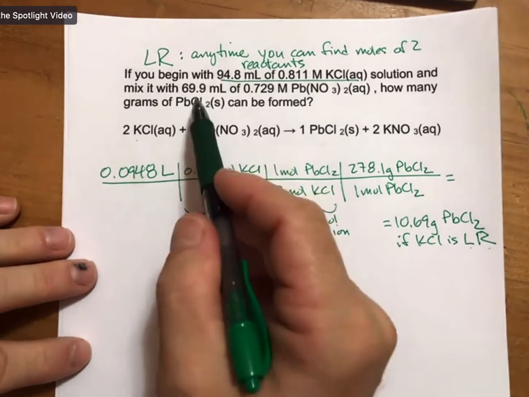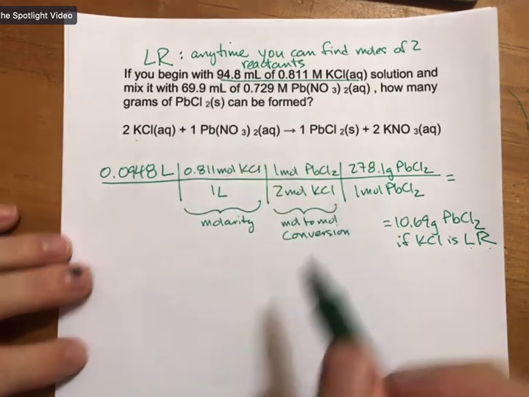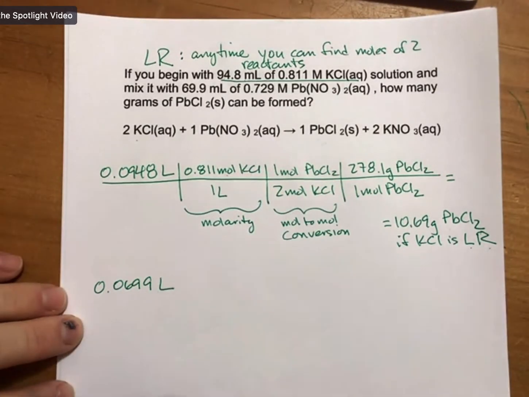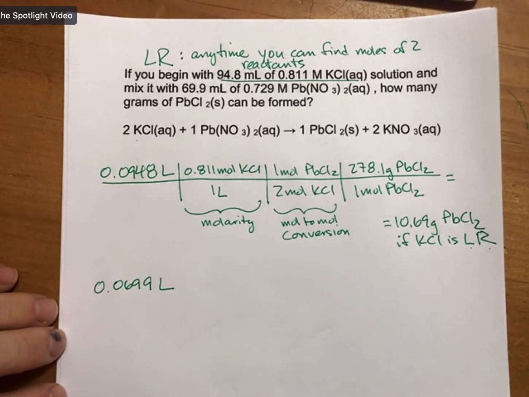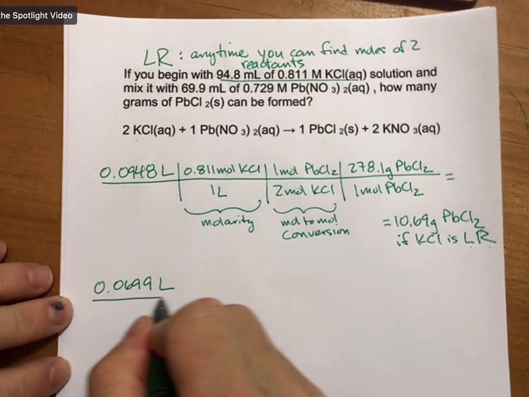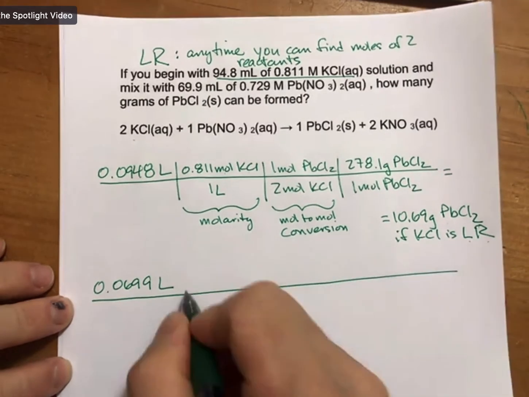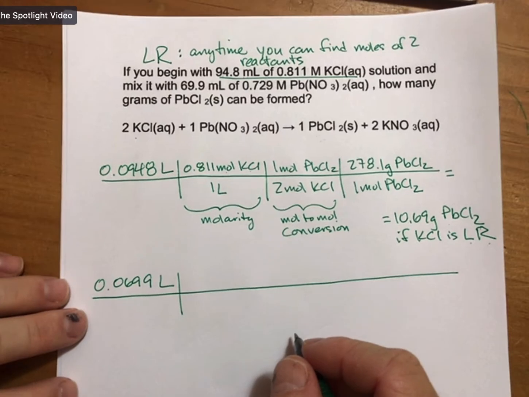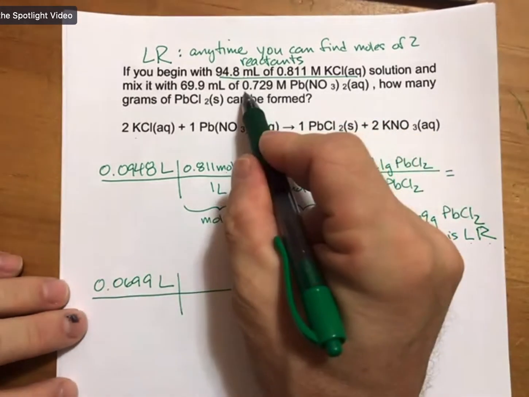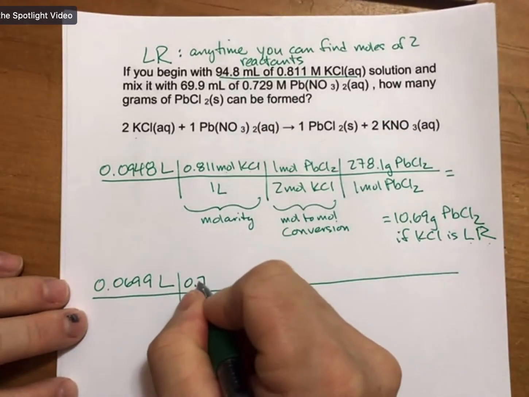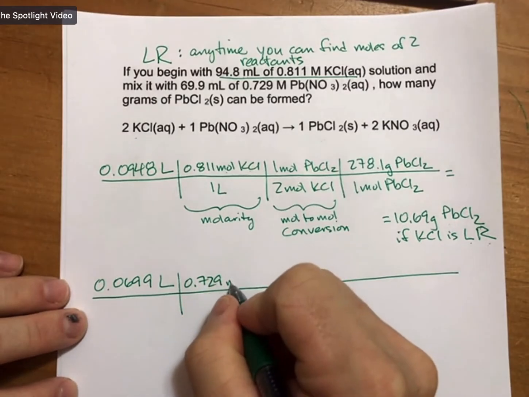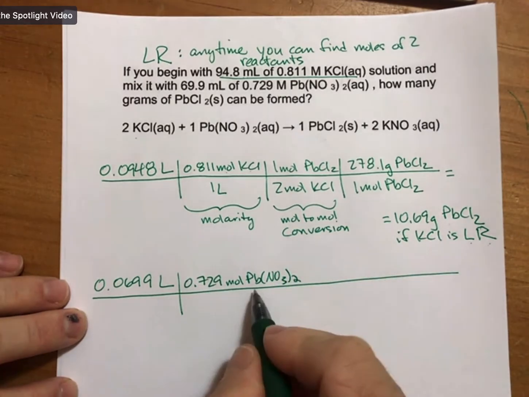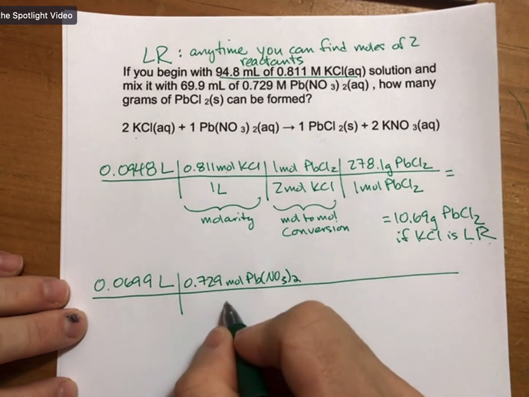Let's see. So I have 69.9 milliliters, which I convert into 0.0699 liters. And I'm going to be doing the same type of thing again, so I'll make a nice long picket fence. And now my molarity is 0.729, and that's going to be moles of lead 2 nitrate per liter.